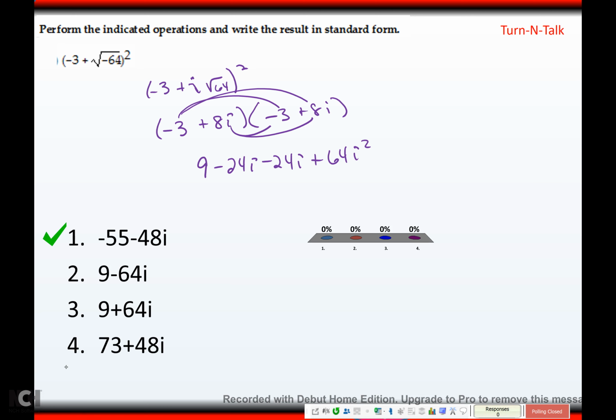So if I combine like terms and replace my i squared, I get 9 minus 48i plus 64 times negative 1. So that's going to be 9 minus 48i minus 64. Combine like terms, I get negative 55 minus 48i.